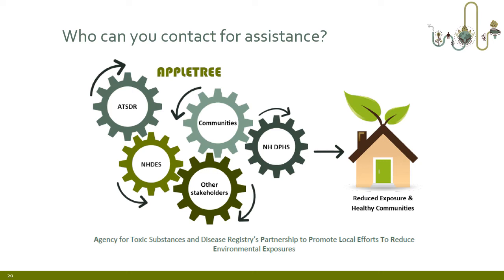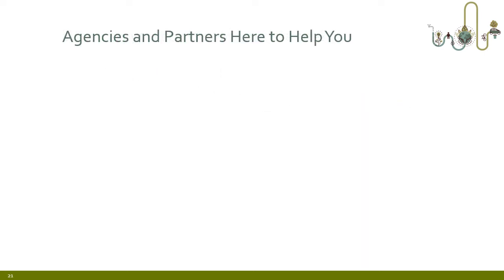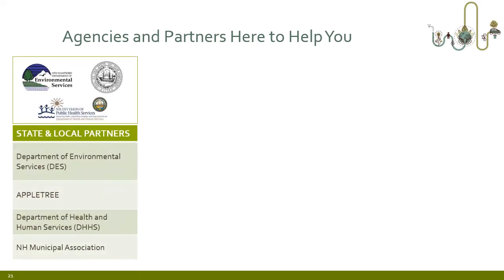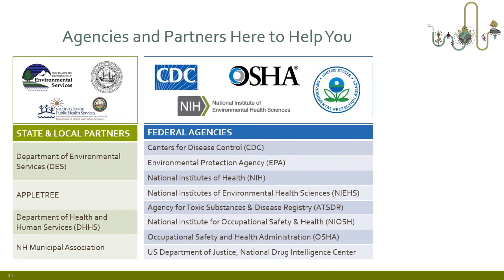They work within the state's agencies to build partnerships with stakeholders across New Hampshire communities. Please also be aware that there are partners at local, state, and national levels who are prepared to connect you with the resources and technical support that you need when you have questions about environmental contamination in your community.